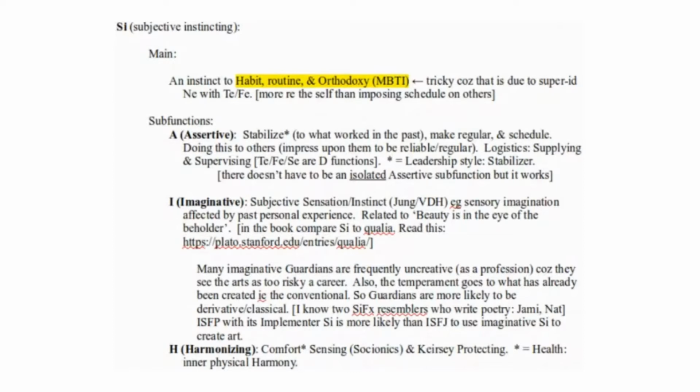Okay, yeah. Supplying and supervising. Okay, yeah. See, I've been thinking about logistics somewhat, and I'm not sure about the notation here, but I've always thought logistics to be a kind of almost FE endeavor, but that's my own thoughts.